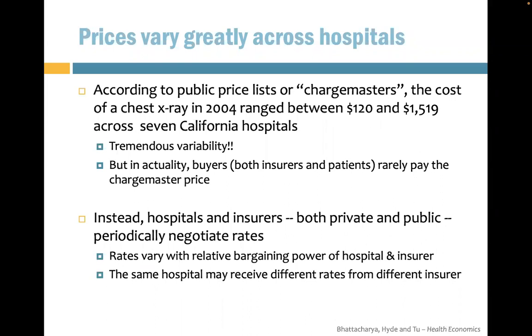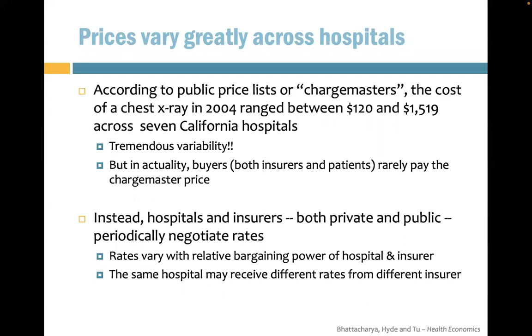But in reality, buyers, both the insurers and the patient, rarely pay that much. Okay. People rarely pay the largest number on that medical bill. So we want to look into this, that there is a process of negotiation, both private and public, between the hospitals and insurers and the patients.